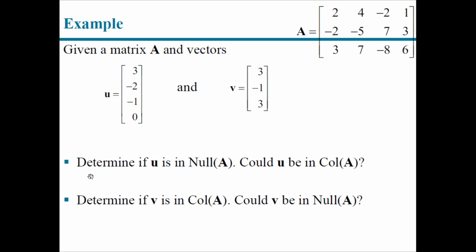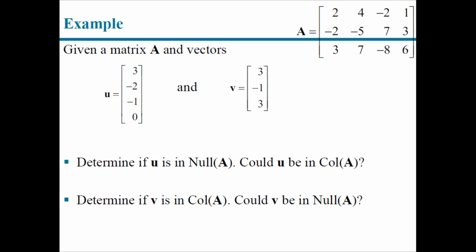So what does it mean actually for a vector to be in the null space of A? By definition, the null space of A is the space of all solutions of AX equals 0. So for U to be in the null space, that means A times U is supposed to give 0.